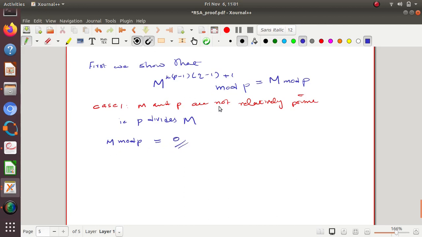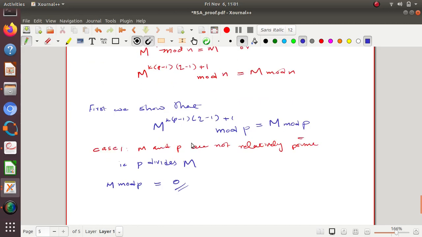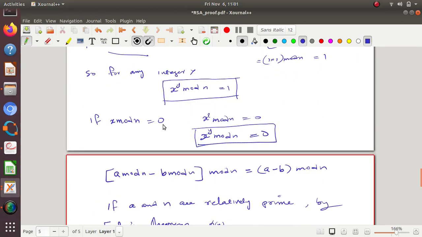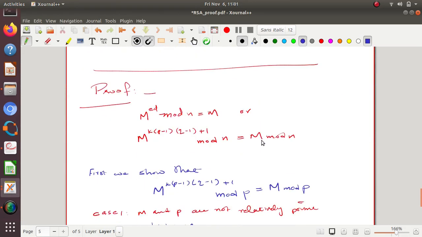They are not relatively prime, so p divides m, then m mod p will be 0. And if m mod p is equal to 0, then m to any power mod p will also be 0. We have a result here: if x mod n is equal to 0, then x to the power y mod n will also be 0.